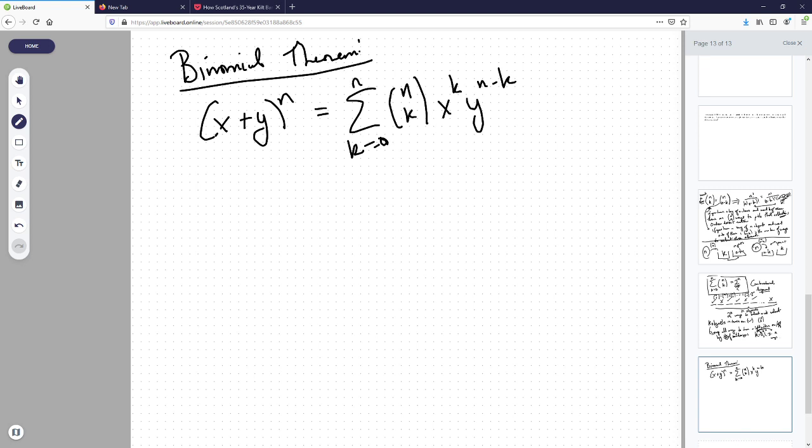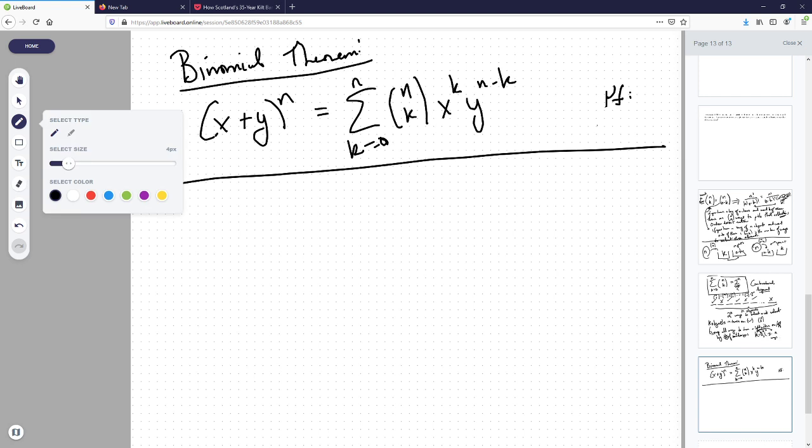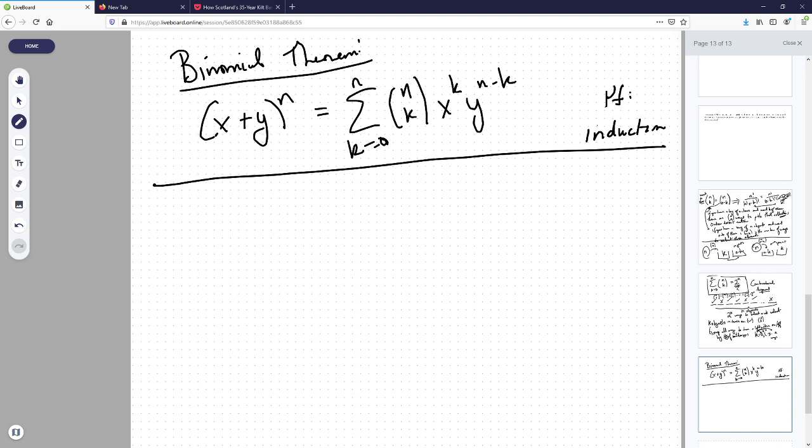So if you believe in the binomial theorem, and we can prove the binomial theorem in different ways, actually I think you could probably prove it by induction. But we're not going to do that proof, right? We're not crazy enough to start on that.